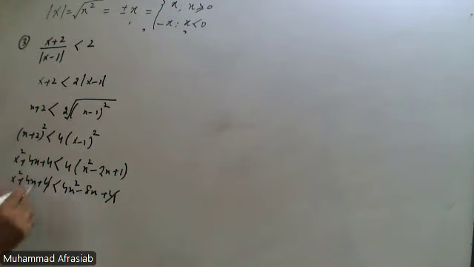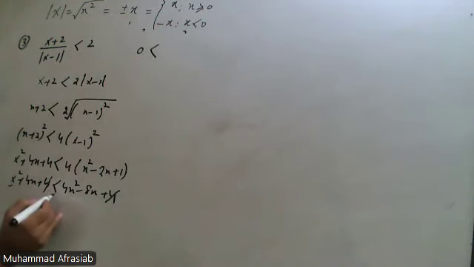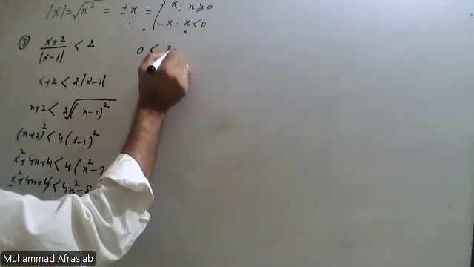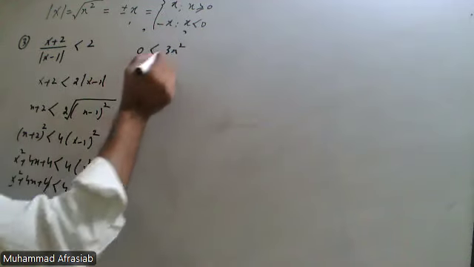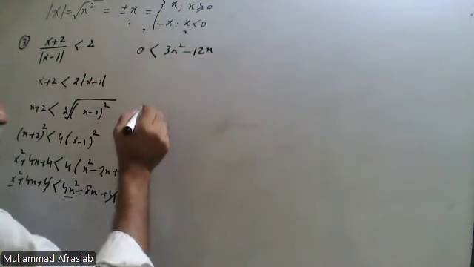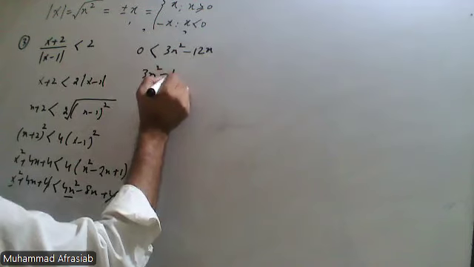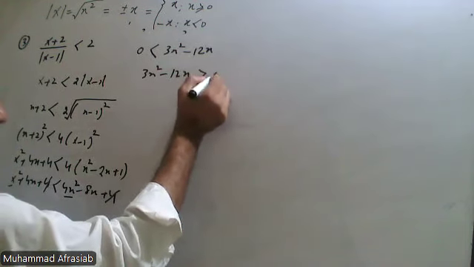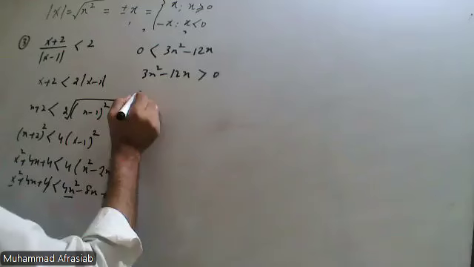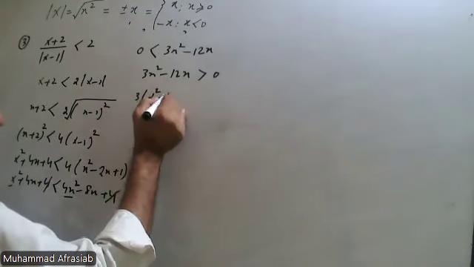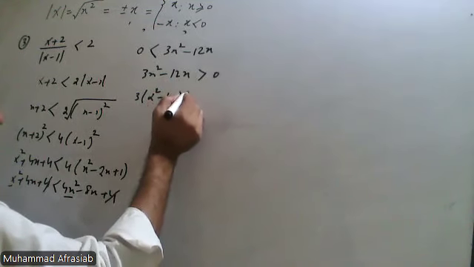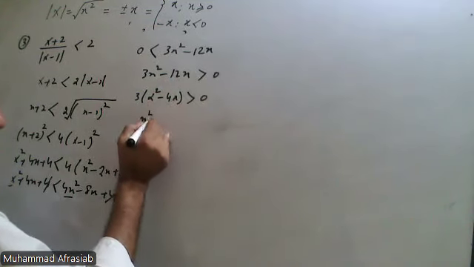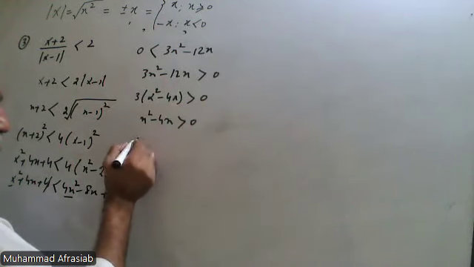Shift it on one side. So 0 is less than 3x square minus 12x, or 3x square minus 12x is greater than 0. Now 3 is common, so x square minus 4x is greater than 0.